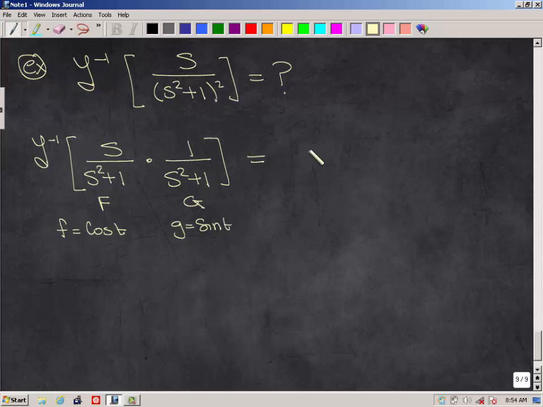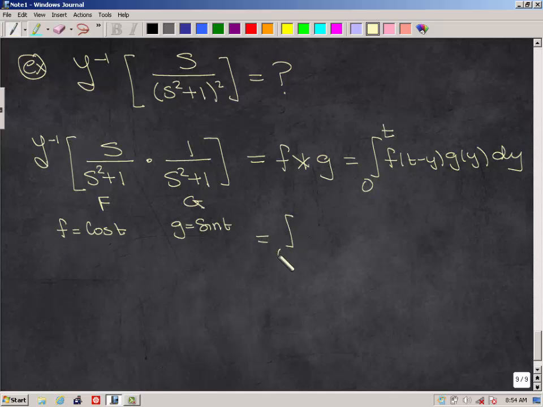So this is just the convolution integral, f star g, which we know is the integral from 0 to t of f of t minus y, g of y dy. So what does that become? F is this, so we're going to have to shift f this time.